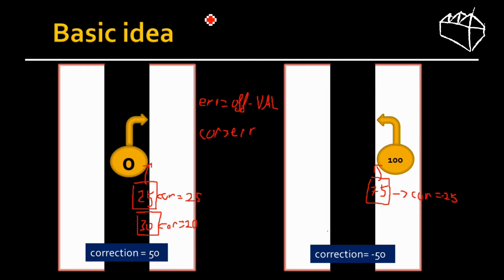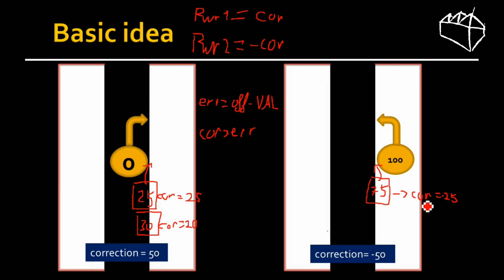So one way to do this is that the power 1 from one motor equals the correction, and the second motor is the negative value of the correction, so minus correction, and that would actually do just what I told you.